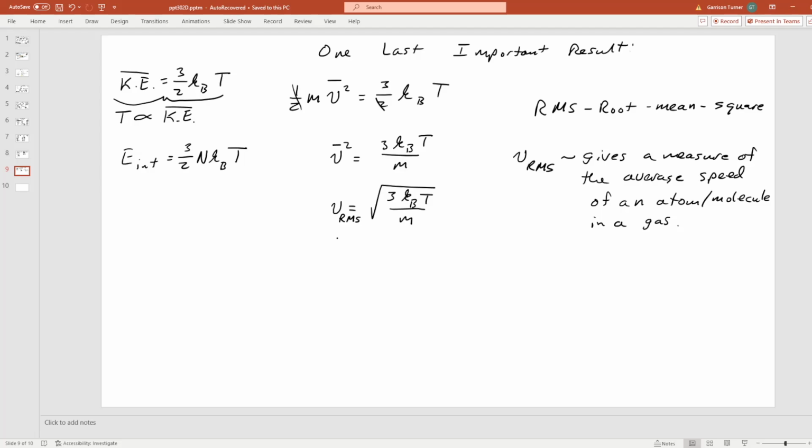If I know what the temperature is, then I can multiply that by Boltzmann's constant and then by 3 and then divide it by the mass of my particle or atom or molecule. Now, there's one thing to note. Oh, well, so these three equations are the major take-home portions of this lecture. Okay, these three equations are the punchlines.